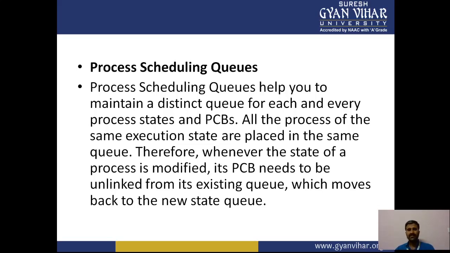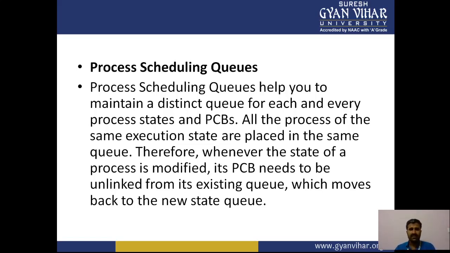All the processes of the same execution state are placed in the same queue. Therefore, whenever the state of a process is modified, its process control block needs to be unlinked from its existing queue and moved to the new state's queue, right?